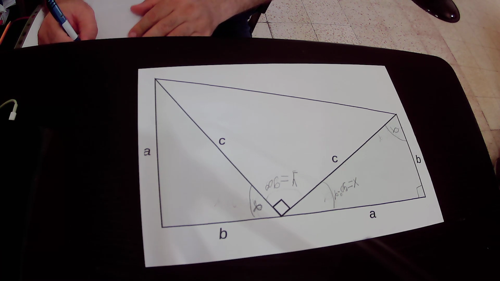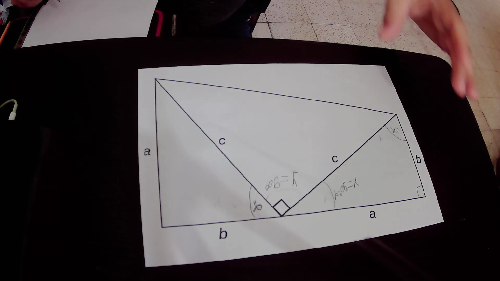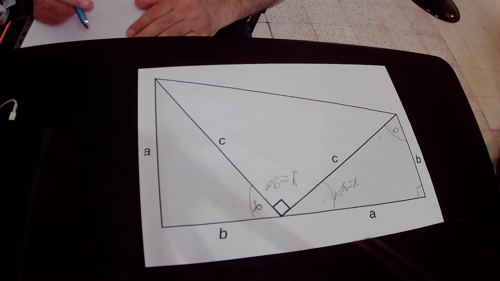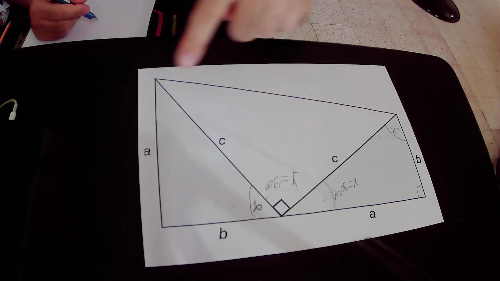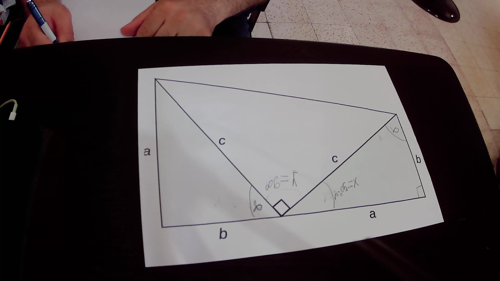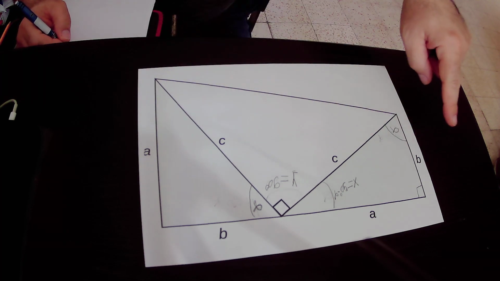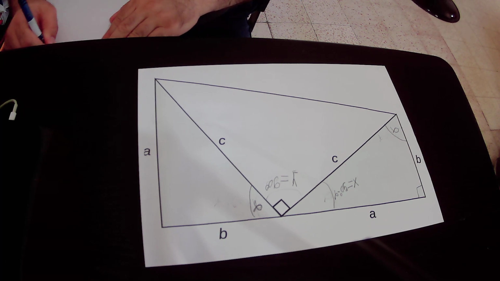We will name the area of the trapeze S. S equals the sum of the parallel sides, A is parallel to B, so it is A plus B, times the height of this trapeze, that is also A plus B, and we must divide all by 2.